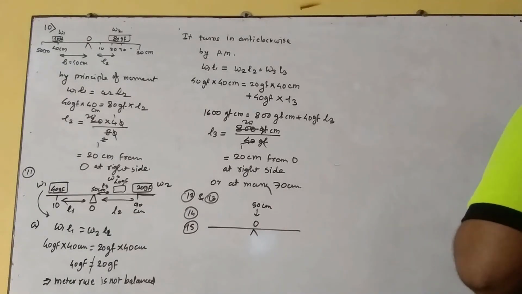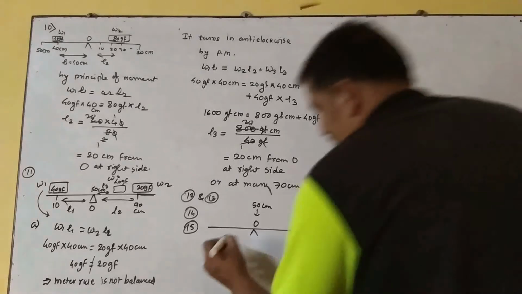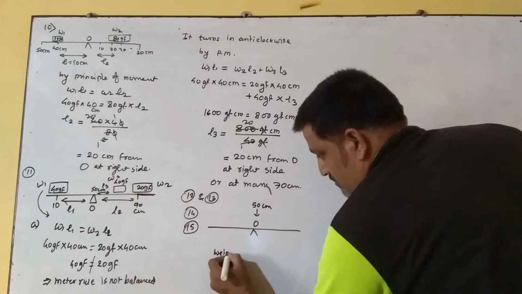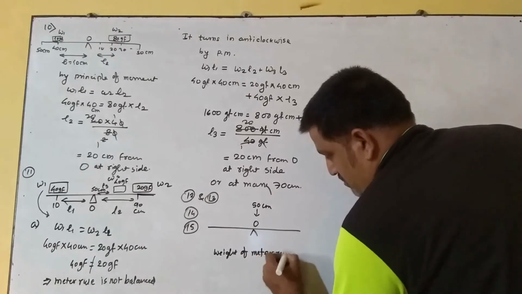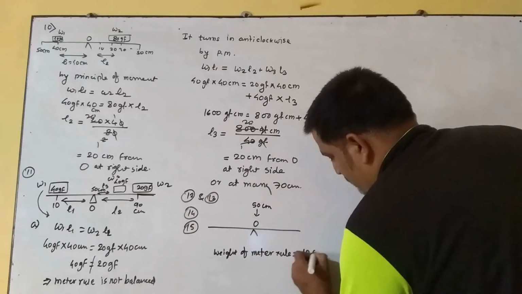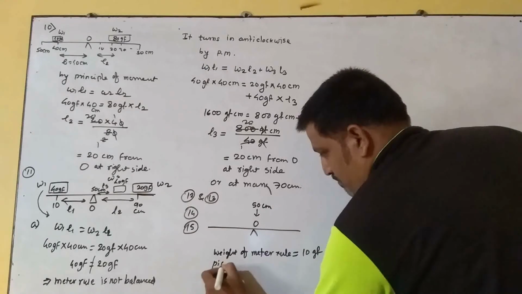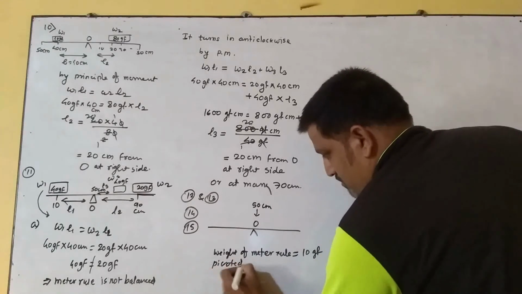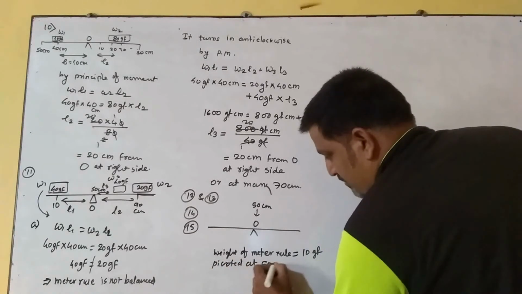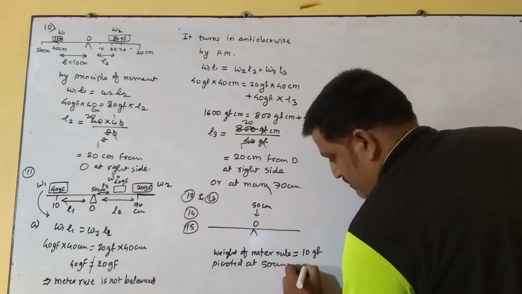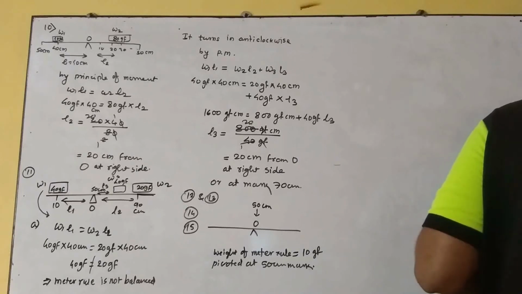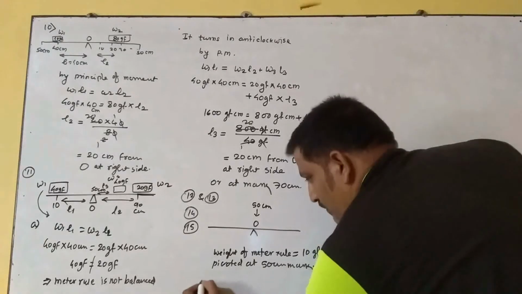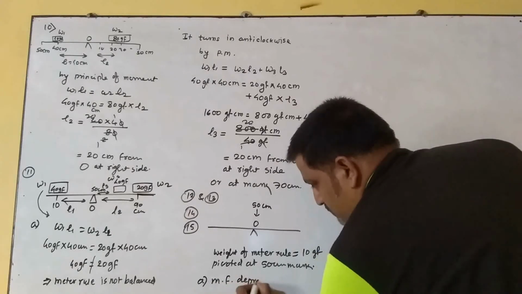Weight of the meter rule is 10 GF, pivoted at the 50 centimeter mark. So the question is, what moment of force depresses the rule?